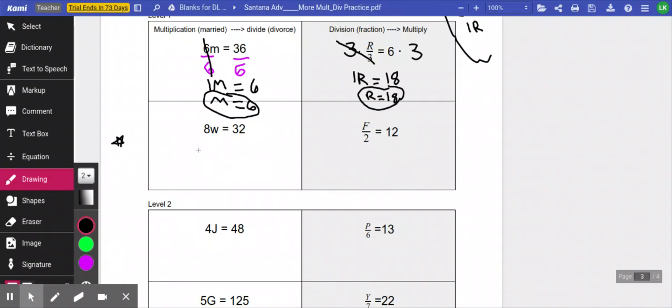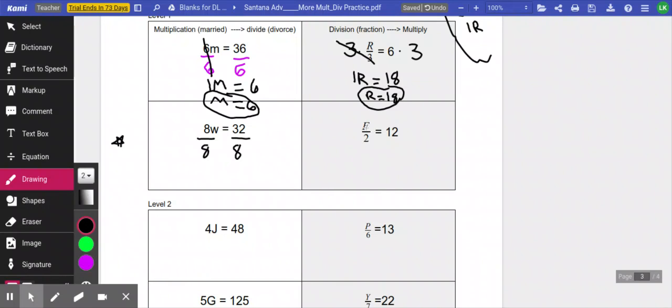You can look right above just in case you forget. So you're going to divide by 8 on both sides. And then do your same steps. Think about it. 8 divided by 8 equals, 32 divided by 8 equals, and then you have your value for w.